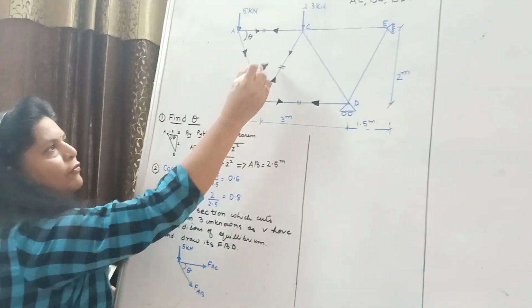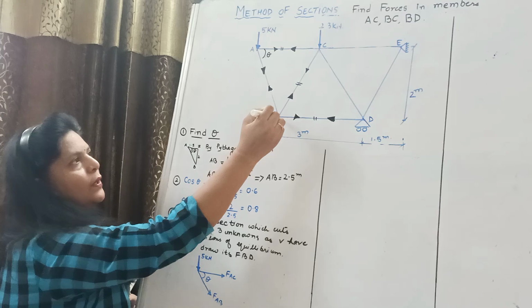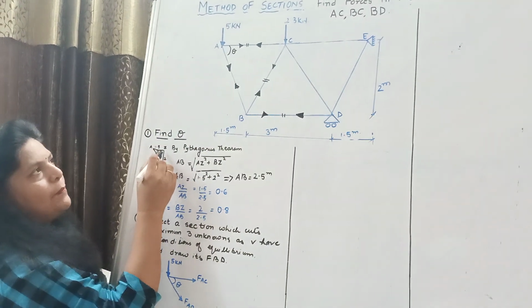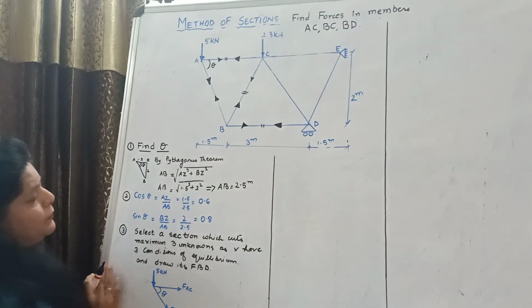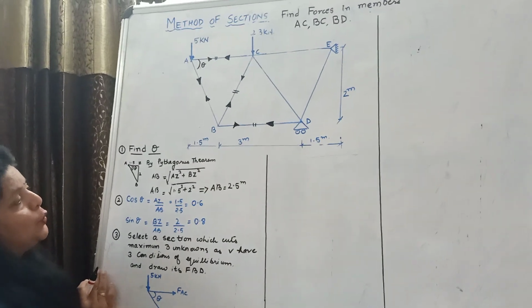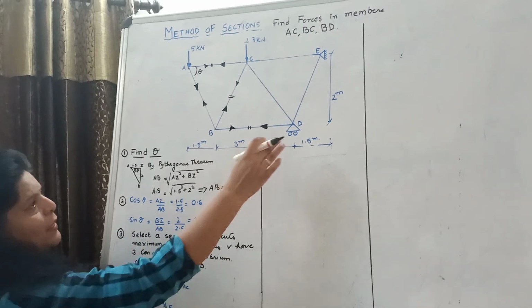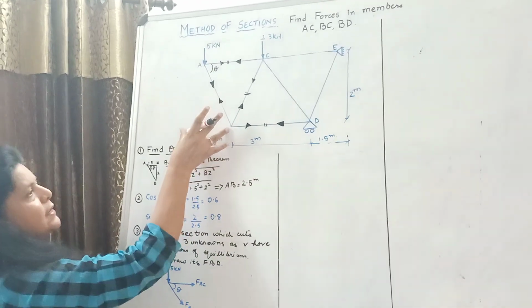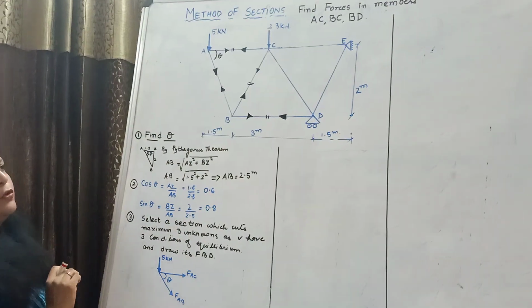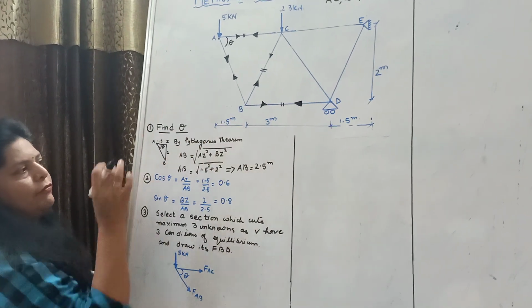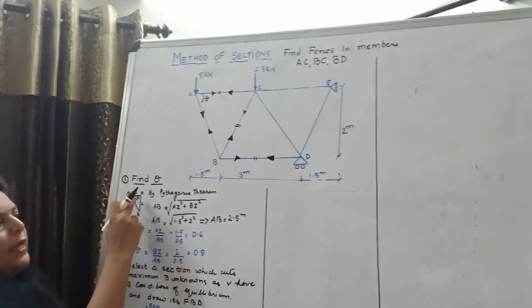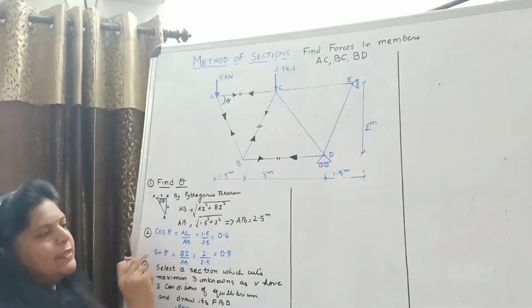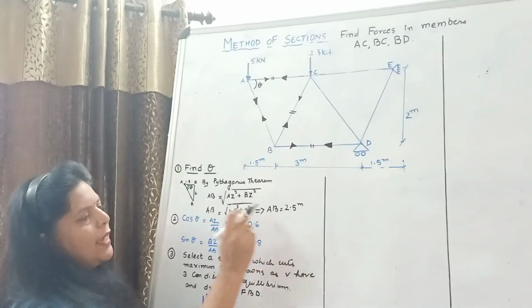If we draw a vertical perpendicular line over here, that perpendicular is 2 meters, as mentioned, and this distance is 1.5. So by Pythagoras theorem, AB is equal to the square root of AZ squared plus BZ squared, so we get it as 2.5.